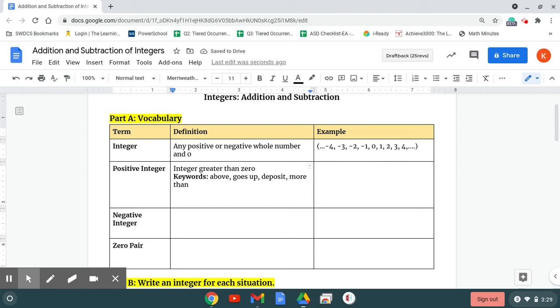Any of those are words that when we see them, we know we are going to have a positive number. So if it says I was 5 feet above sea level, it's going to be a positive number. Or I deposited $50 into the bank, it's going to be a positive number. The list goes on and on, so I'm going to give you some time to stop and write these notes in. Make sure you include the key words.